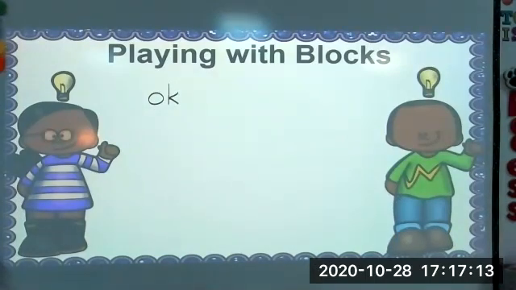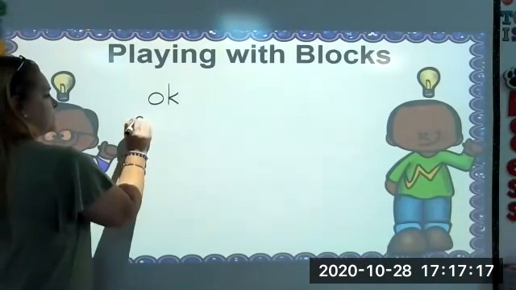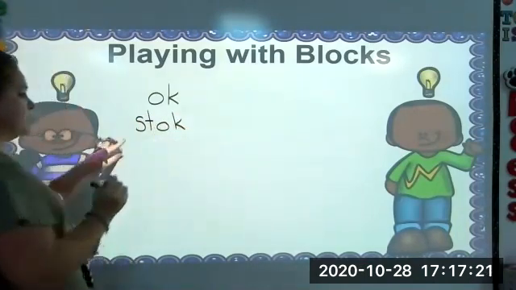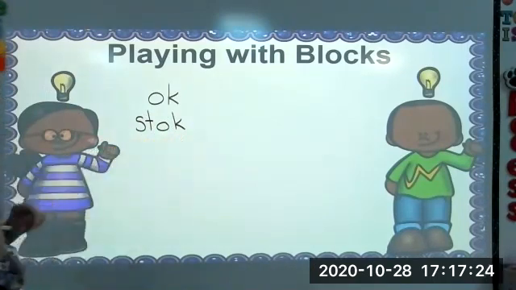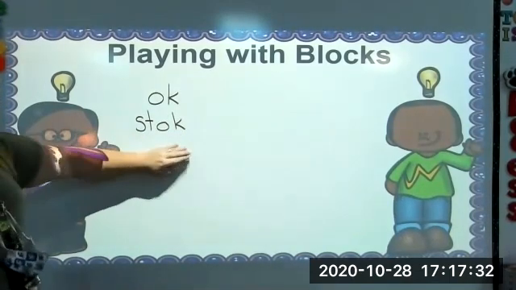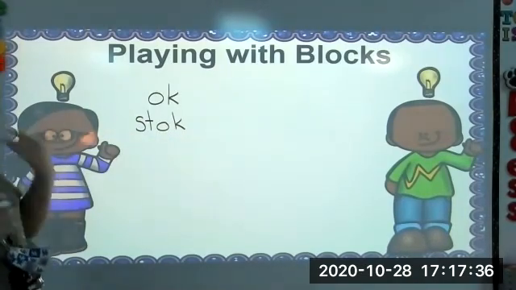So we're going to add st to the front. Awk. So what's my new word? Stock. Good. We get the word stock. Remember, guys, this is not about spelling. This is about the sounds you're hearing. Okay.